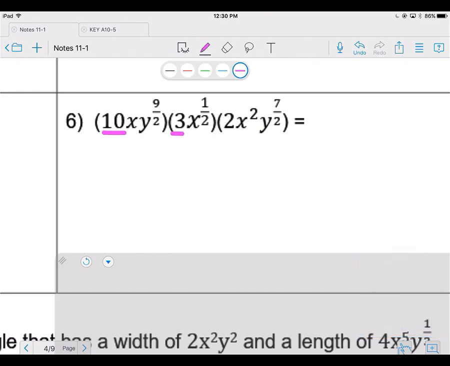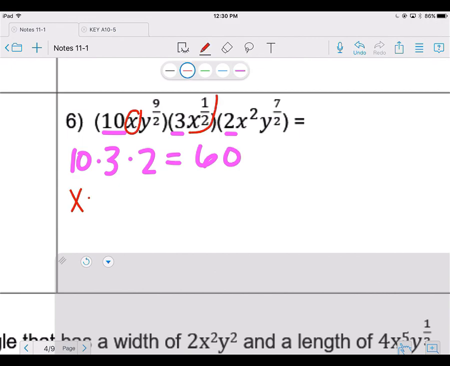So on 6, we have 10, 3, and 2 all being multiplied for 60. We have x to the 1/2, and x squared. So I add 1 plus 1/2 plus 2.